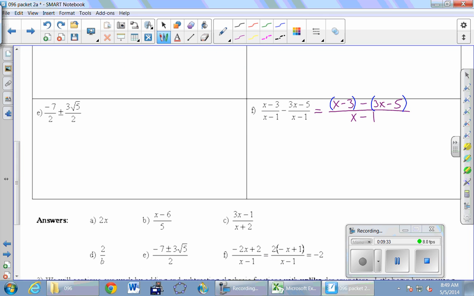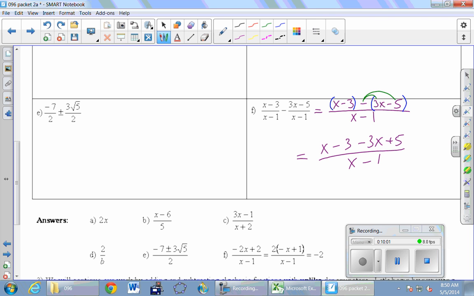Okay, so this guy equals the x minus 3 we can copy, minus 3x, and then what happens when I do this, minus negative 5 becomes plus 5. That's the real common mistake to make, to forget that change of sign. Because this minus sign right here comes in and hits both of these guys.